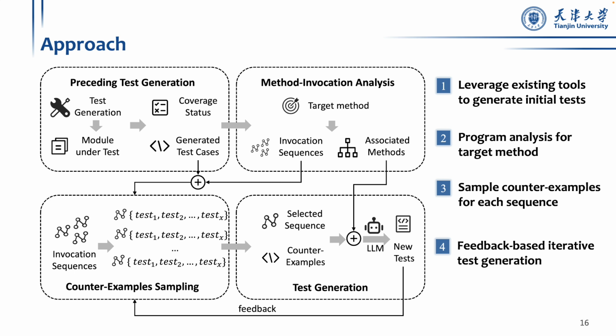Finally, TELPA chooses one sequence and its corresponding counterexamples, constructs a prompt together with the methods the target method depends on, and then uses the LLM to generate new test cases. Ultimately, the coverage of the new test cases will be used as feedback to guide this iterative process. Now I will introduce this process in detail.